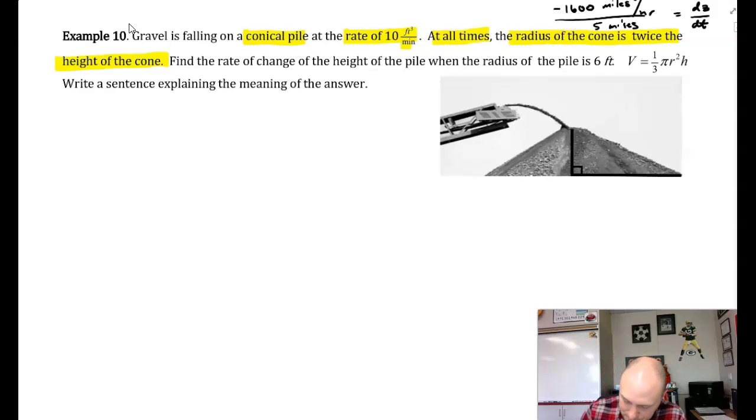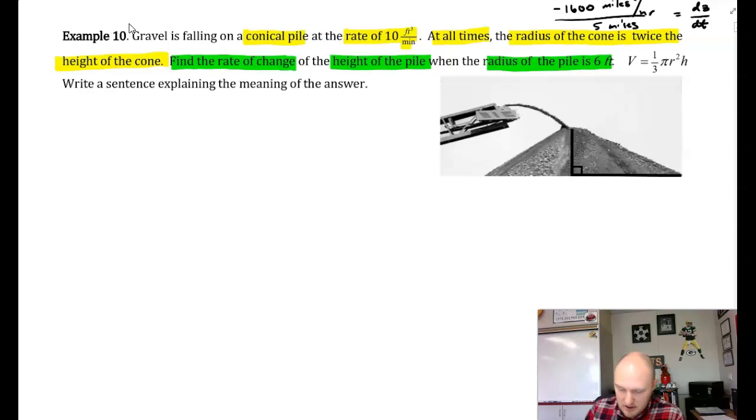Here's the question: find the rate of change of the height of the pile when the radius of the pile is 6 feet. Now they're kind. They give you the volume of the cone, the equation. Sometimes when the shape is not fairly basic, they'll give you the formula.